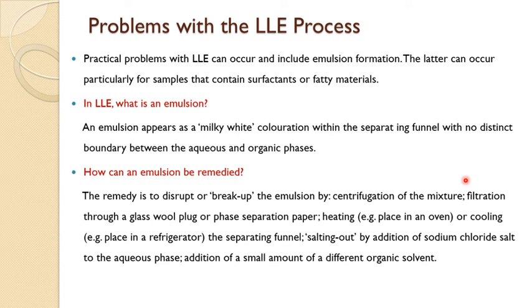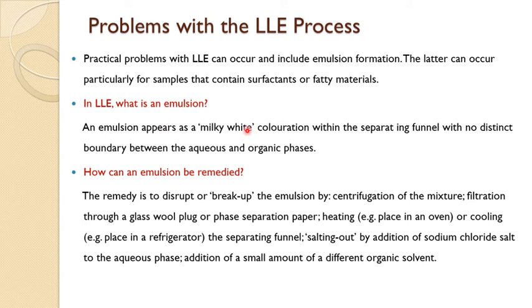Then next, the problems with liquid extraction. So what types of problems occur at the time of analysis? If you consider the separating funnel, emulsion formation is there. Emulsion means when you add the aqueous as well as the organic phase, the boundary between these two layers is lost.